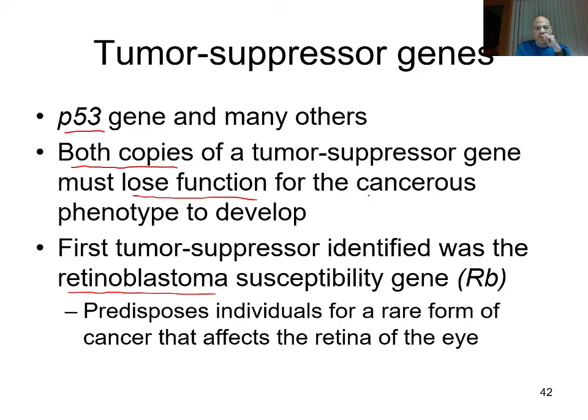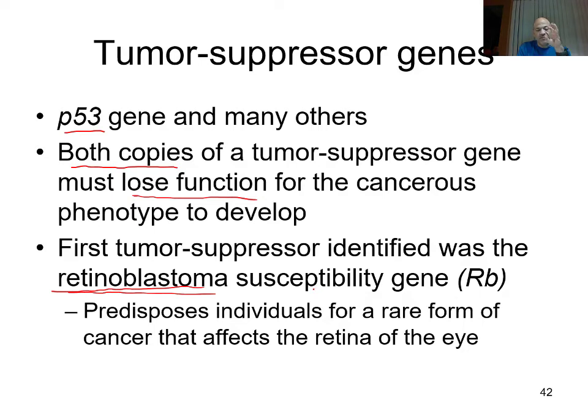Now, one of the first tumor suppressors to be identified was the one that causes a cancer called retinoblastoma, and it's a cancer in the eye. You're predisposed to this if you have a parent that's carrying a bad copy.